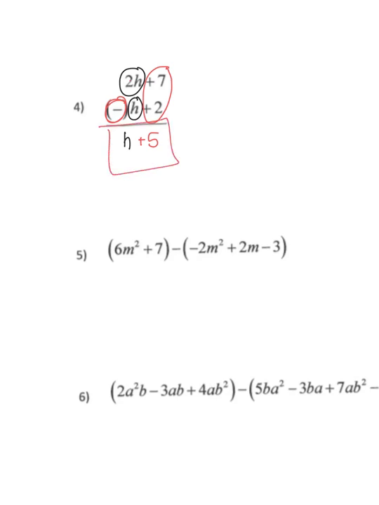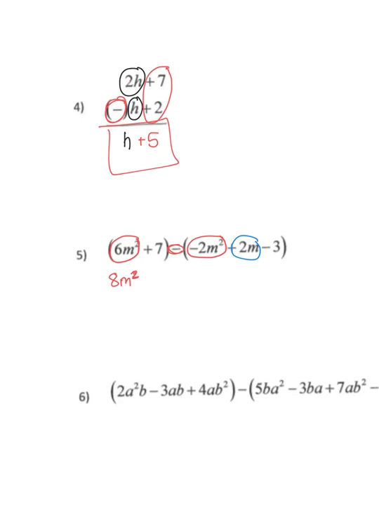Okay, number 6. Again, I have 6m squared minus a negative 2m squared. 6 minus negative 2 gives me 8m squared. Leave the exponents the same. Then my only term with an m is this plus 2m.